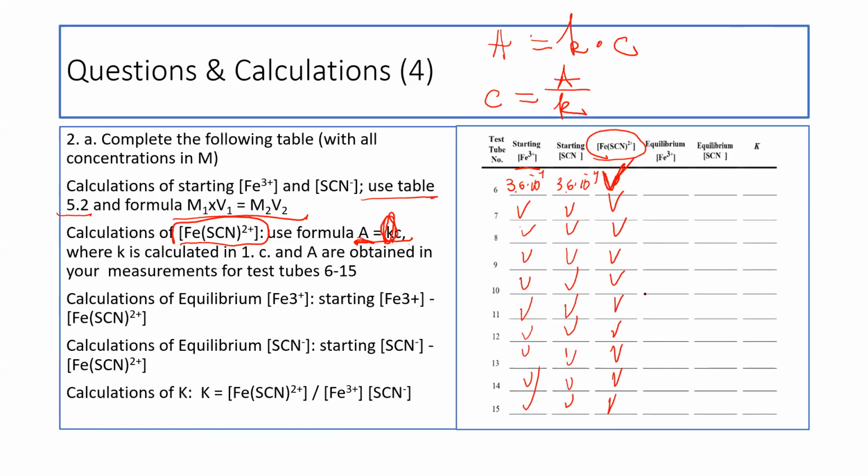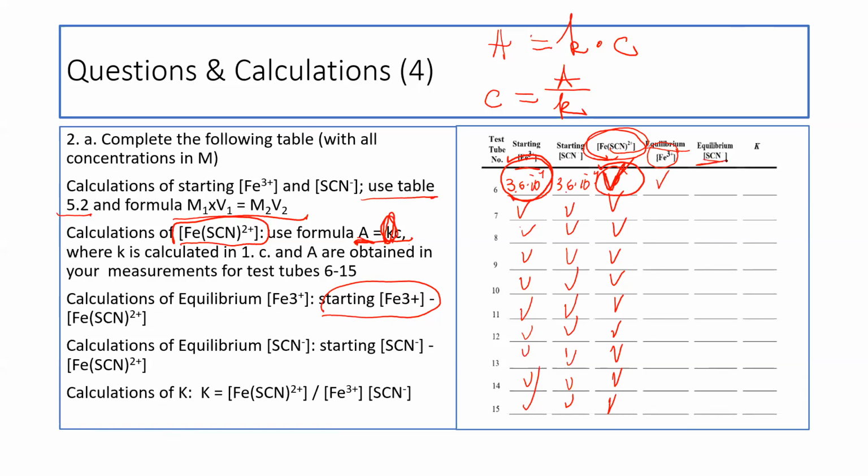Now we're moving to the next column. Equilibrium for iron 3+. What's going to be here? Starting concentration of iron 3+ minus concentration of iron thiocyanate 2+. So you have to subtract from this number: starting concentration minus concentration of the complex iron thiocyanate 2+ ion, and record your number.